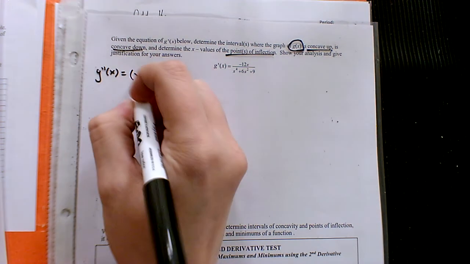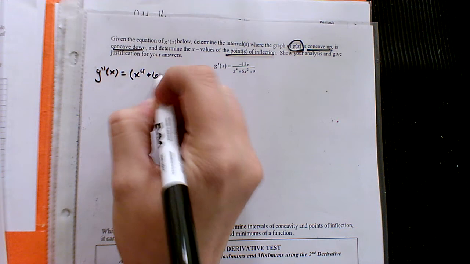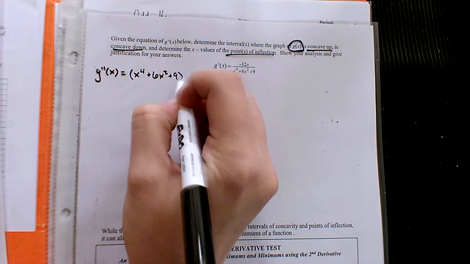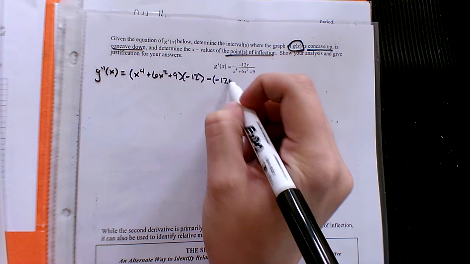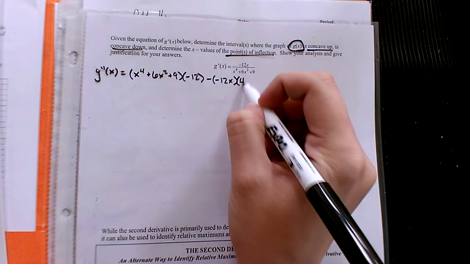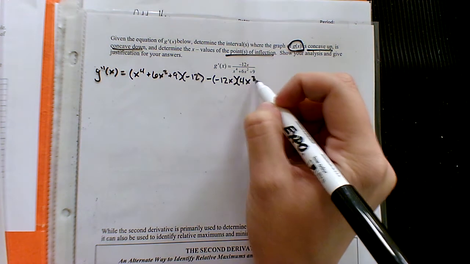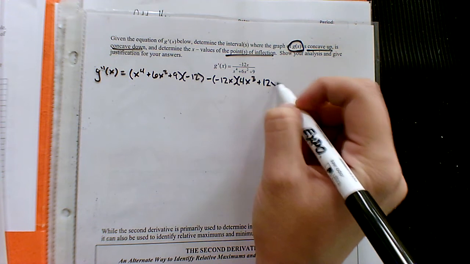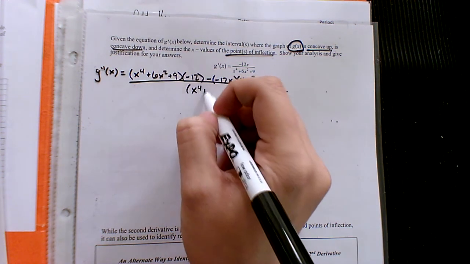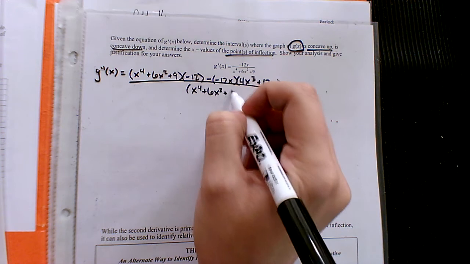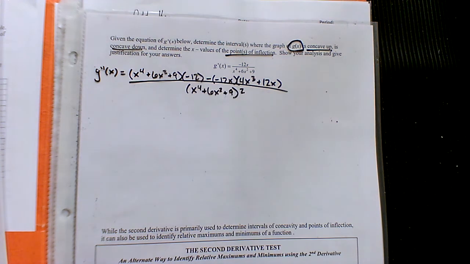Okay, so we'll have low d high minus high d low, square the bottom, and we're good to go.